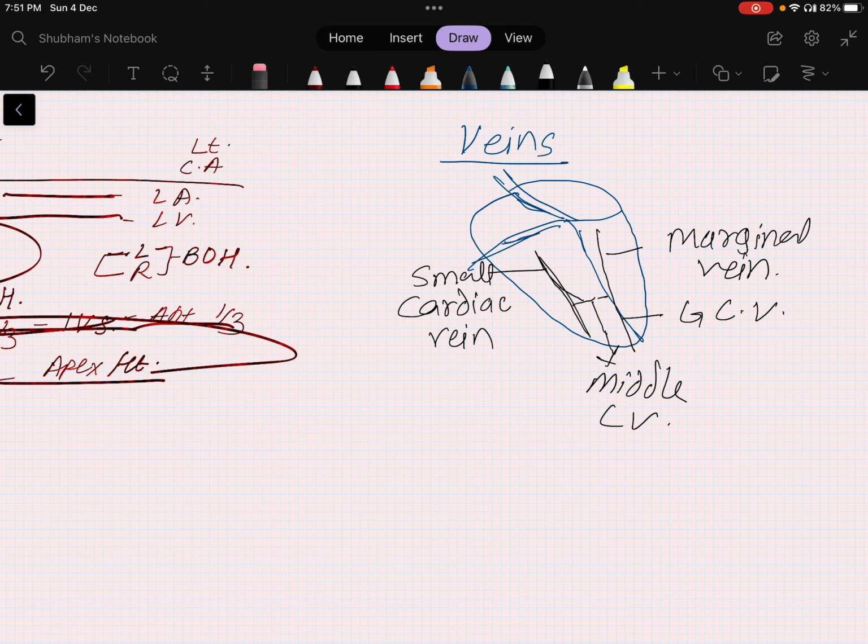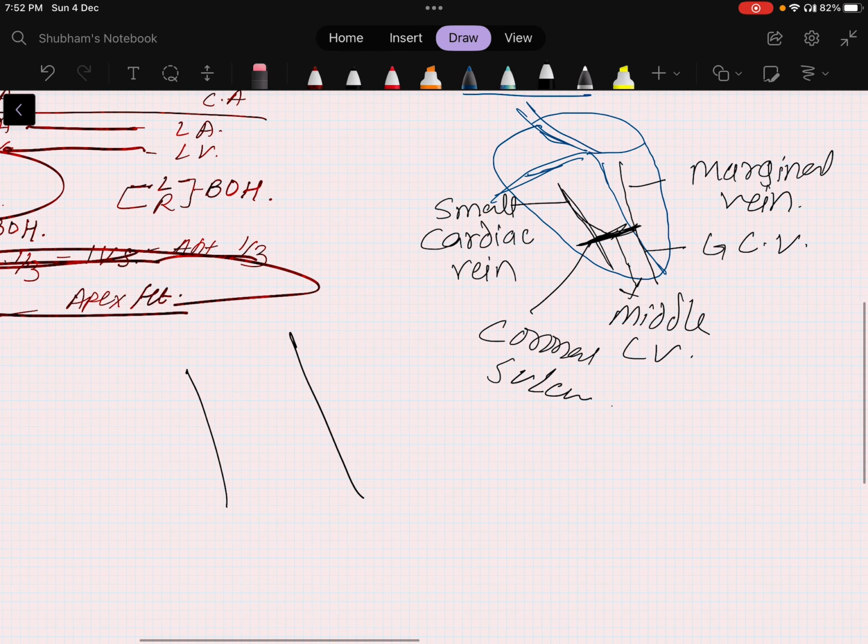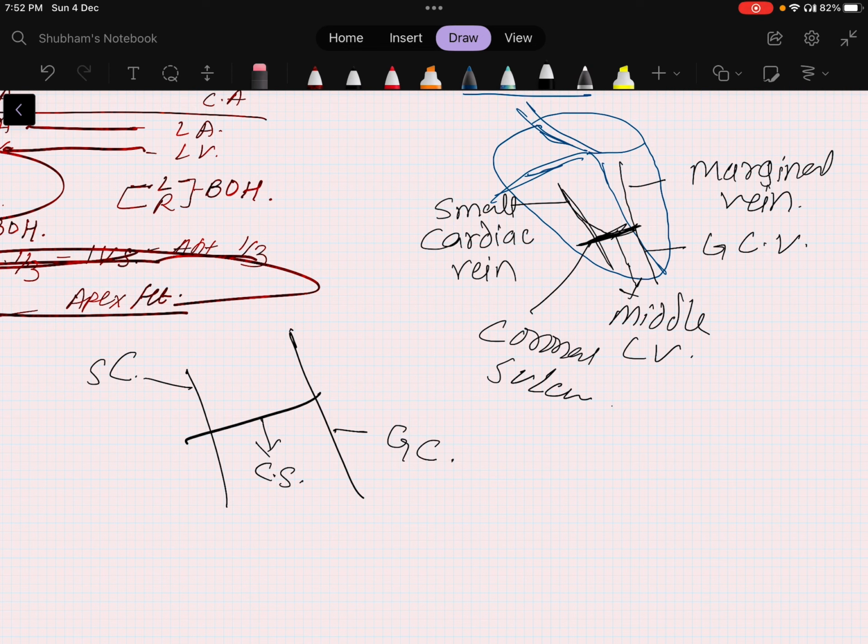So how do we remember this? This part is the coronary sulcus. So you just remember it as an H. This is the simplest way. The one joining both is the coronary sulcus, the small cardiac vein. This is the great cardiac vein, and this is the marginal vein.